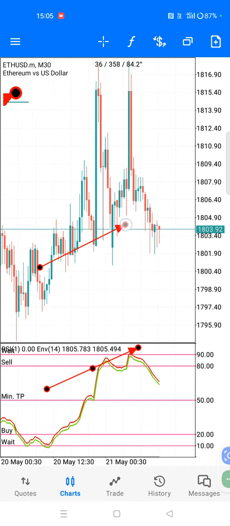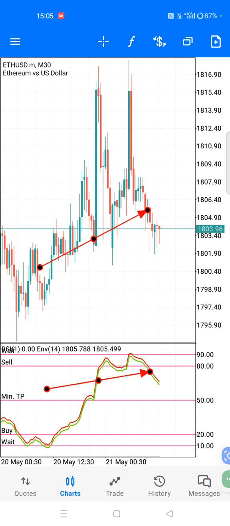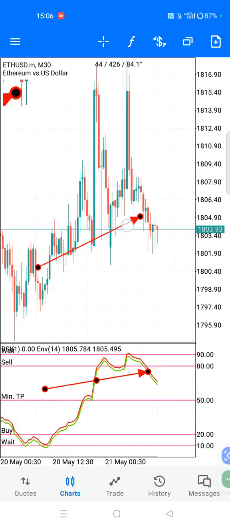If let's say after this dodgy candle the envelope has not crossed the sell completely, then you wait for the second candle, which is after the dodgy candle, this red bearish candle. Once it crosses, you take a sell.